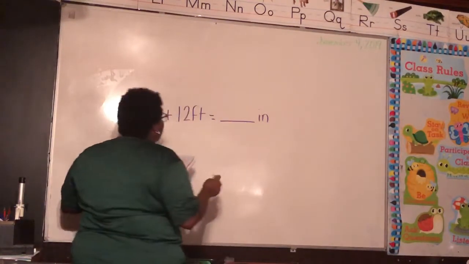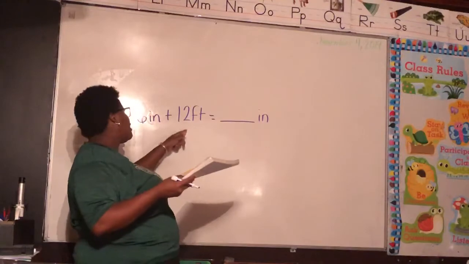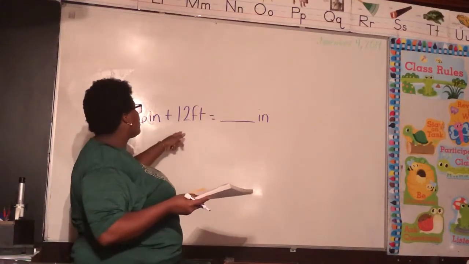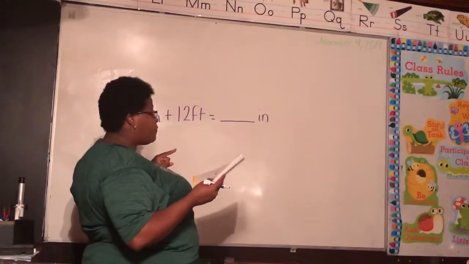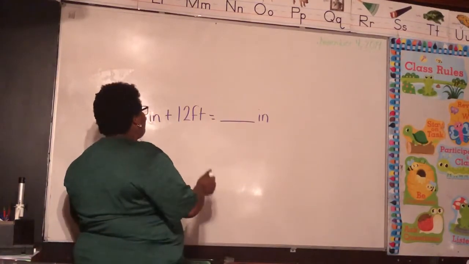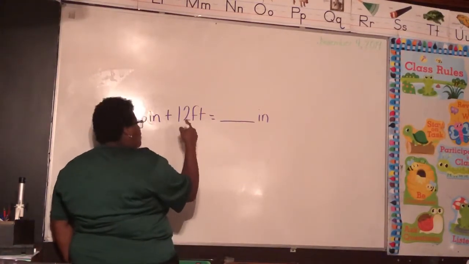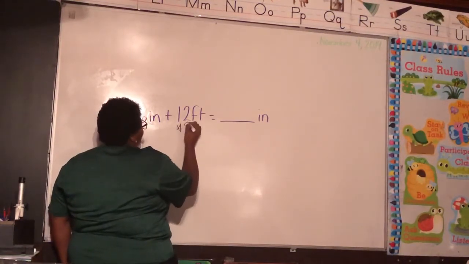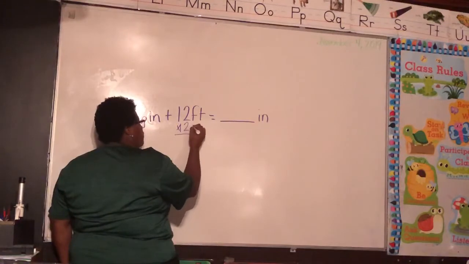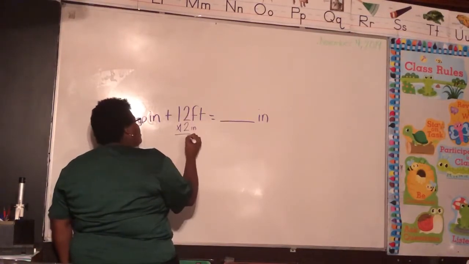So we automatically know, hey, this is in inches. We need to change this into inches. 12 inches equal a foot. Remember that. So how many inches in 12 feet? That's easy. 12 times 12 equals, because 12 inches is in each of these.